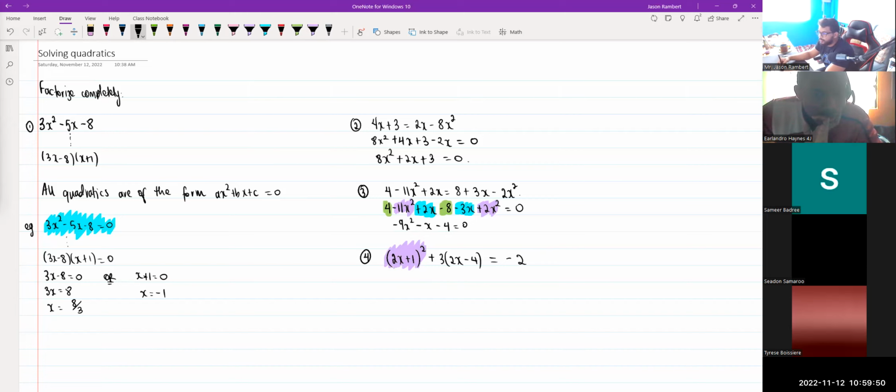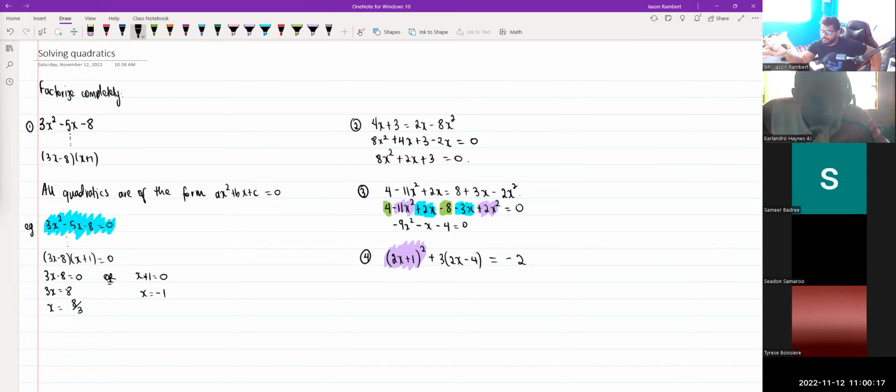So for number 4, what I want you all to do now, I mean, it doesn't look like I have an x squared inside of here anyway. It doesn't look like that. So how do I know this is a quadratic to make it look like ax squared plus bx plus c is equal to 0? Anytime you have a bracket in any question, it hides the true nature of the equation.